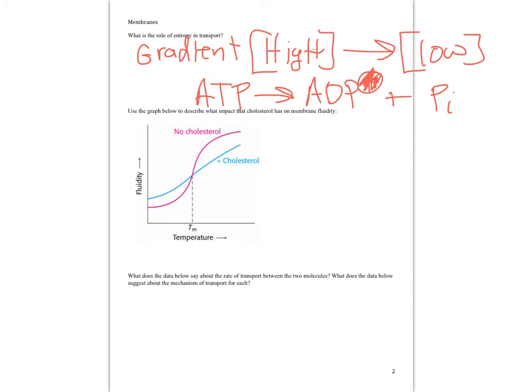Well, that is also favorable entropy because you're taking one molecule and distributing the energy into two molecules. And that then can help form a sufficiently negative delta G that it can help drive the transport process.